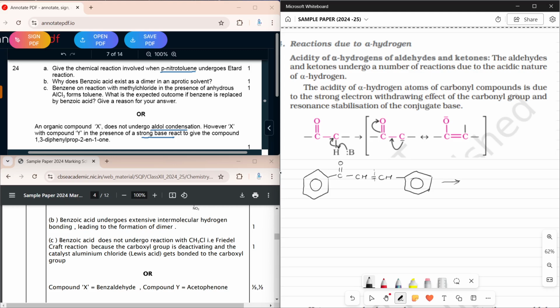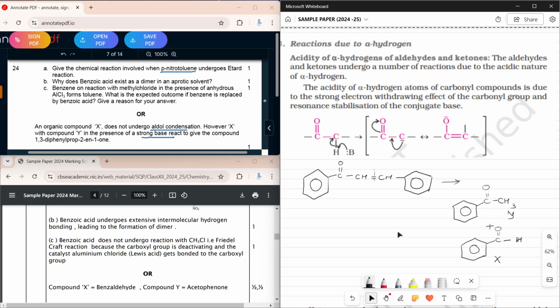Your products, like a retrosynthesis, are going to be benzene with CO CH3, and then benzene with CO H. Okay, so it's obvious one of these doesn't have the alpha hydrogen, which is this one, and this is going to be X and this is going to be Y.